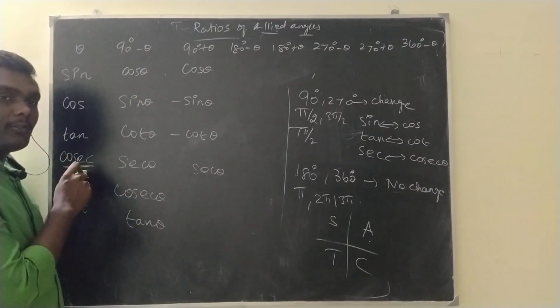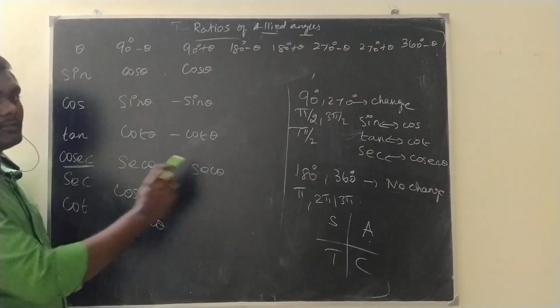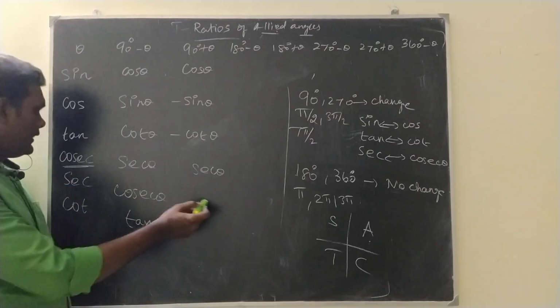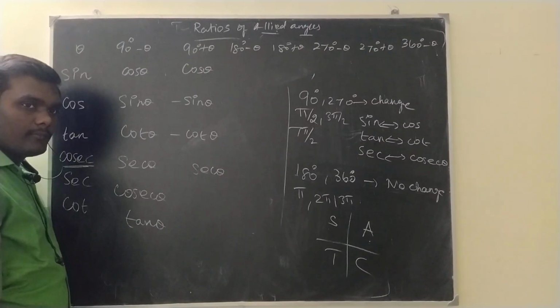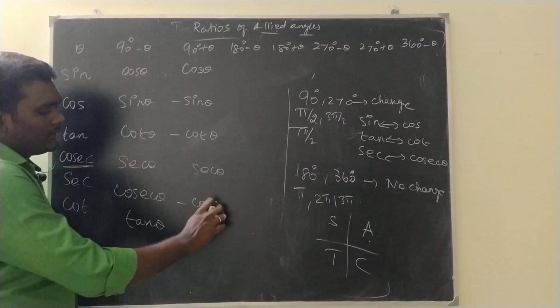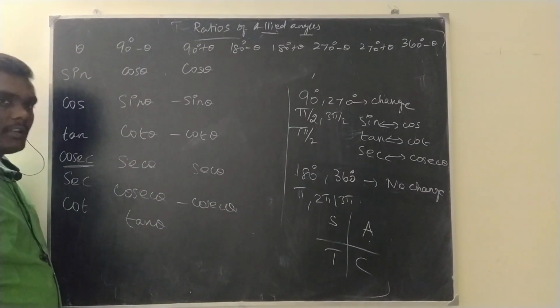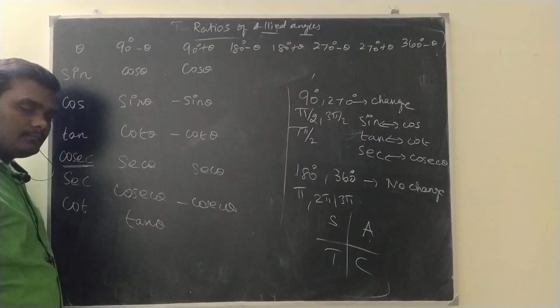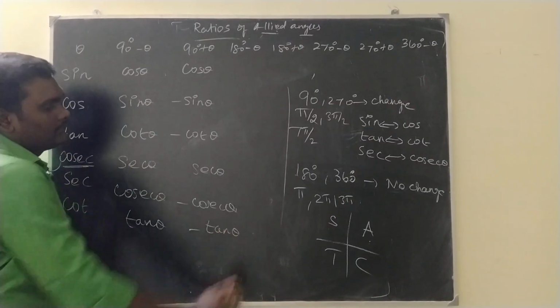Then here sec 90 degree plus theta, minus cosec. Good. Then here cot 90 degree plus theta, minus tan. That is it.